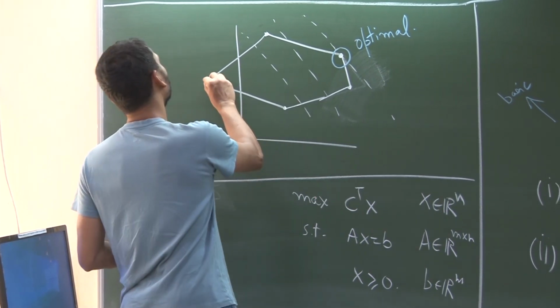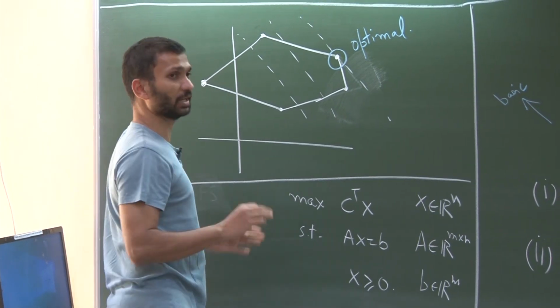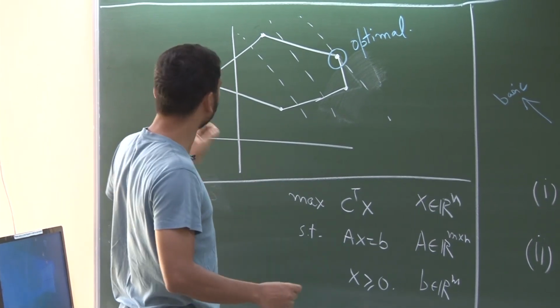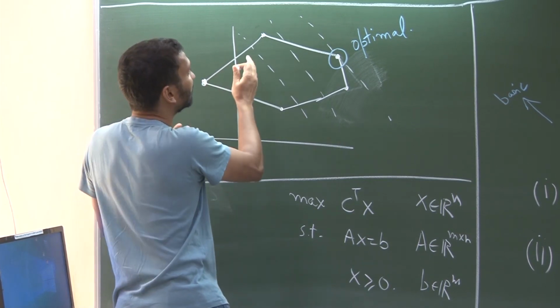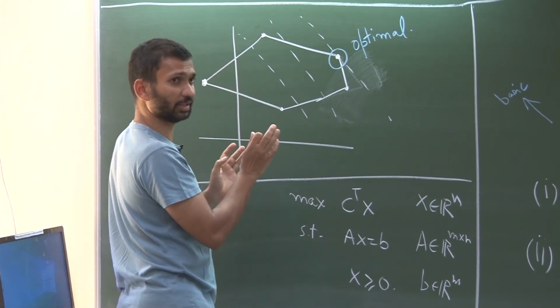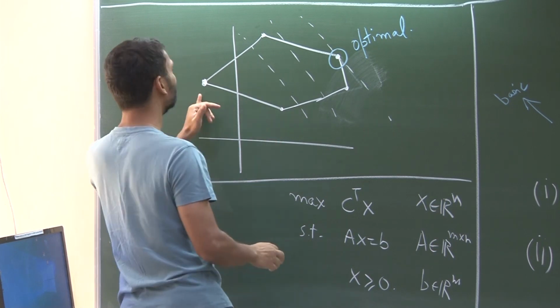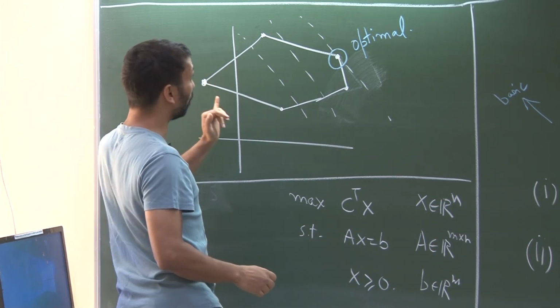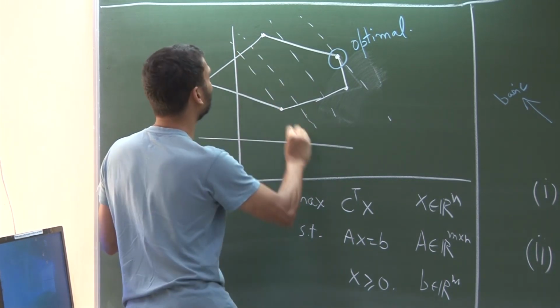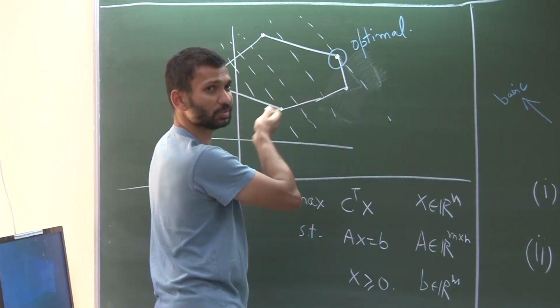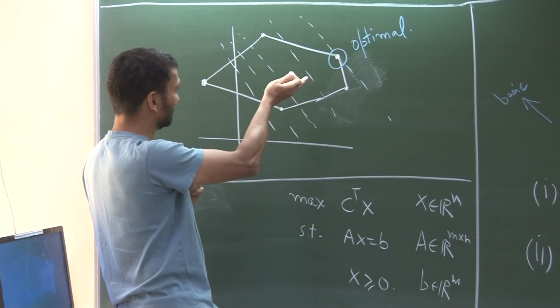Pick a vertex. Again, I haven't told you how to start with a vertex, but if we have a vertex, let's say we start from here, we know there is one direction where the objective function has to increase. In this case, it turns out in both directions our objective function is increasing, right? This is what I want to maximize.